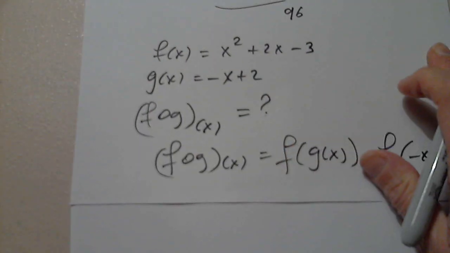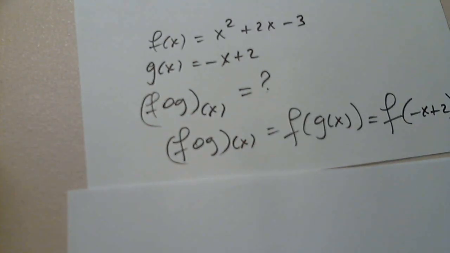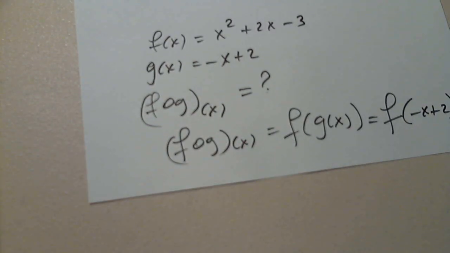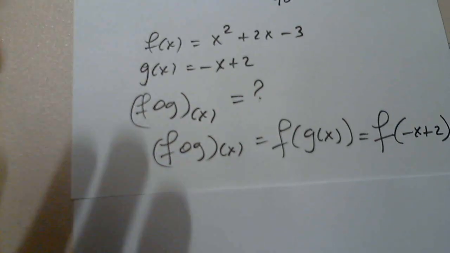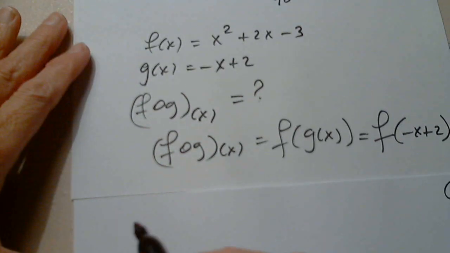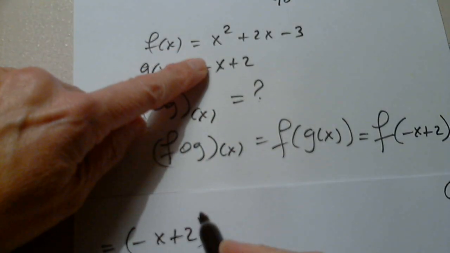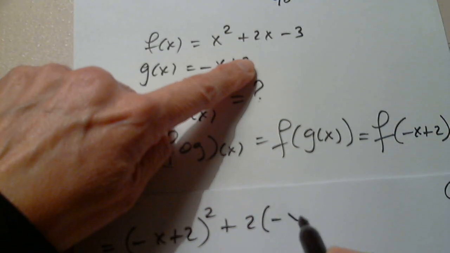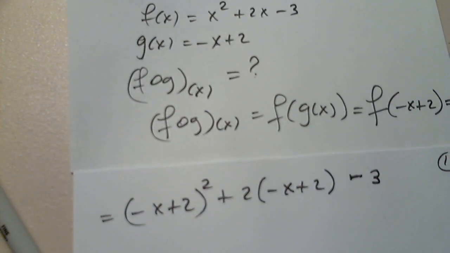Then I have to plug it in. And when I plug it in, I get negative x plus 2 squared plus 2 times negative x plus 2 minus 3.